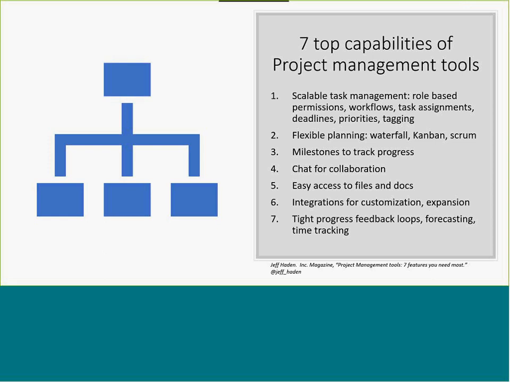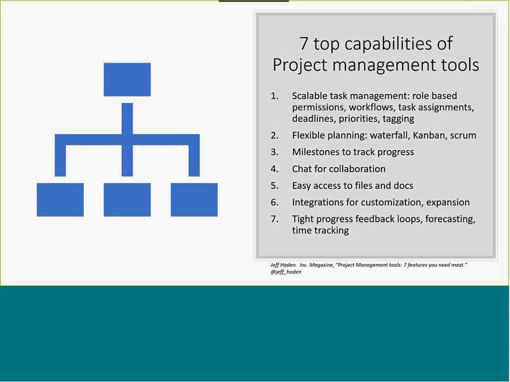I came across this, which is seven top capabilities of project management tools. I'm not going to spend too much time on this, but this comes from Inc. magazine. Jeff Hayden, good writer. I like him. I'm a fan, by the way.